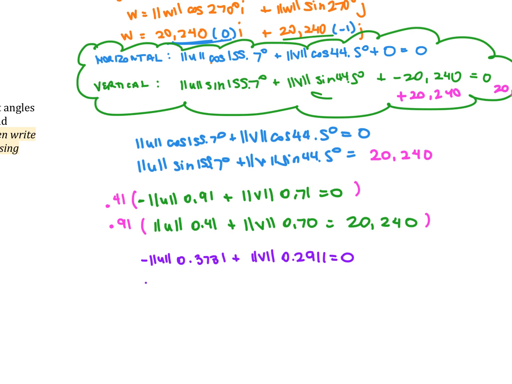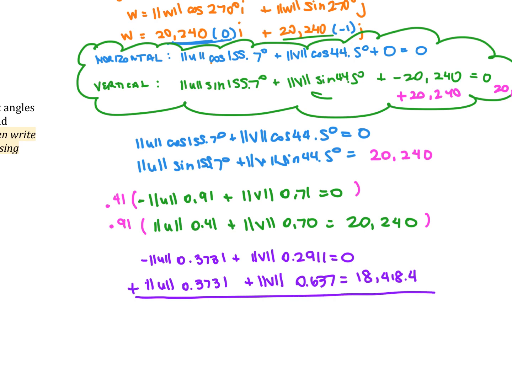Then the second line would be magnitude of u times 0.3731 plus magnitude of v times 0.637 equals 18,418.4. Then we'll add them together. So we'll have the magnitude of v times 0.9281 equals 18,418.4. Then we'll divide by 0.9281 on both sides to solve for the magnitude of v.